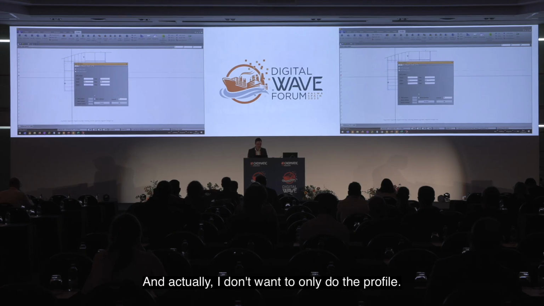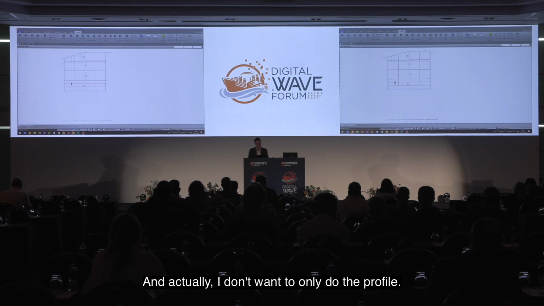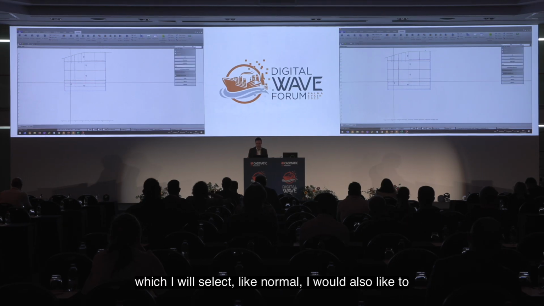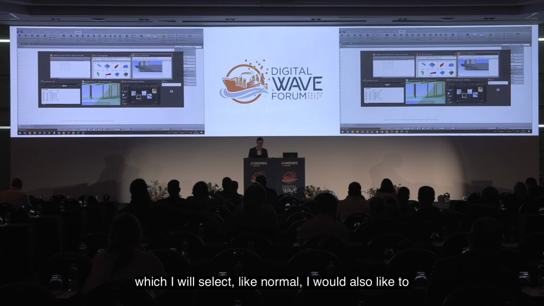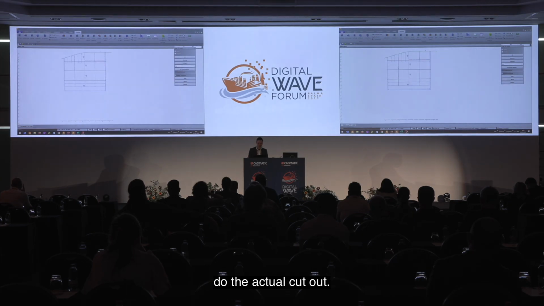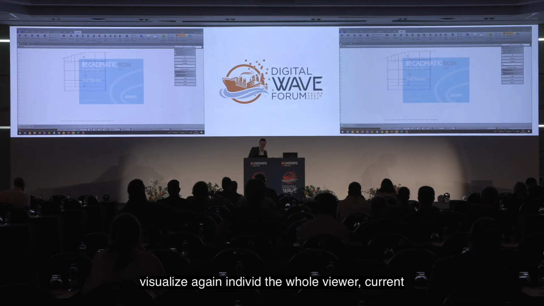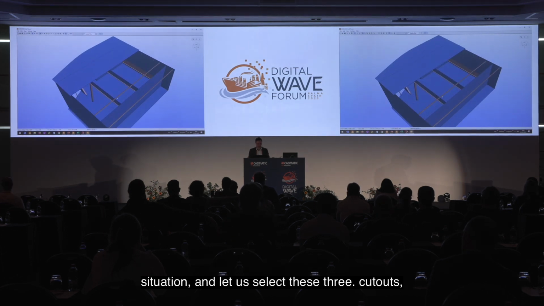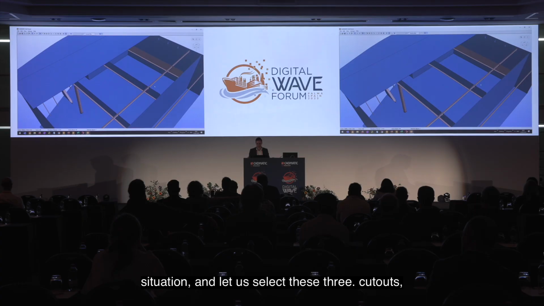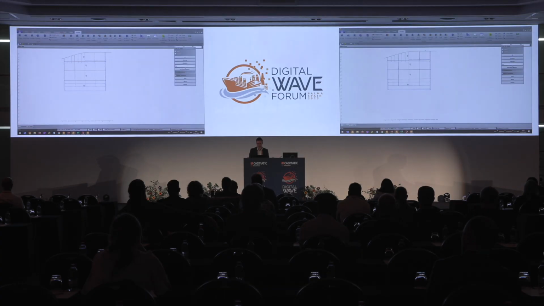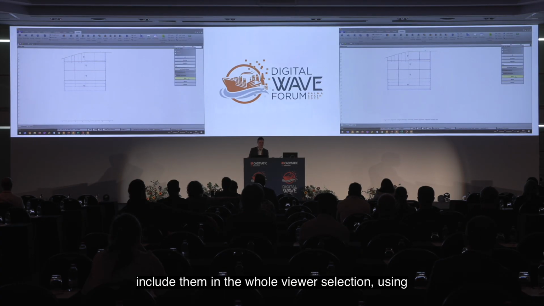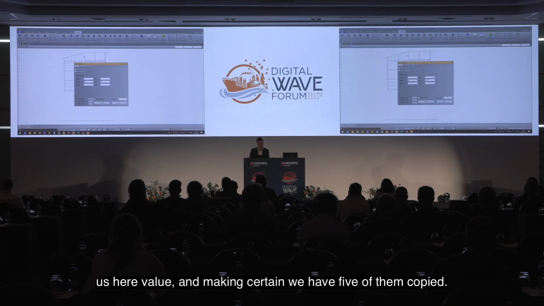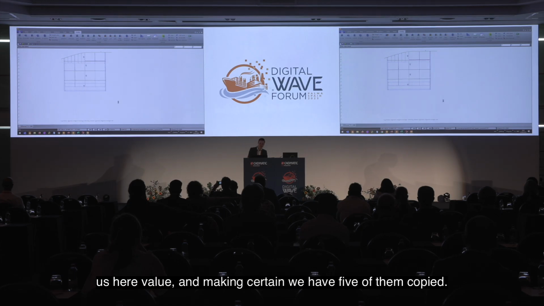And actually, I don't want to only do the profile. Next to the profile, which I will select like normal, I would also like to do the actual cutout. So let's visualize again in the hull viewer the current situation, and let us select these 3 cutouts, include them in the hull viewer selection, using a shift value, and making certain we have 5 of them copied.